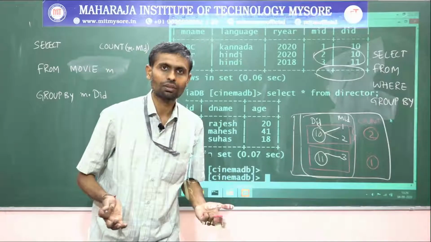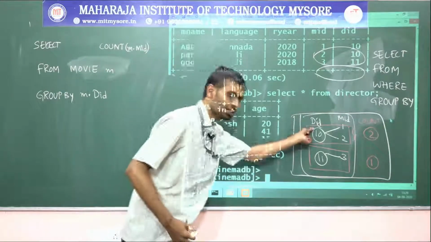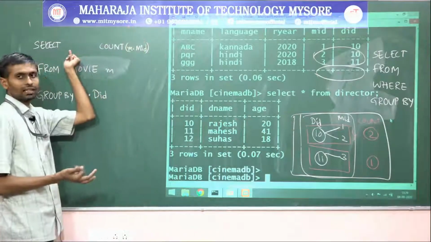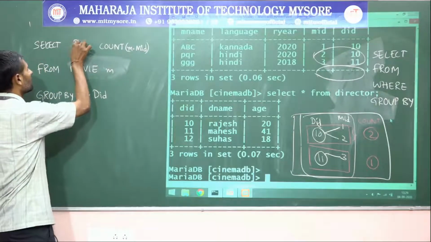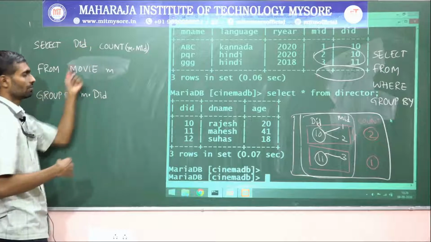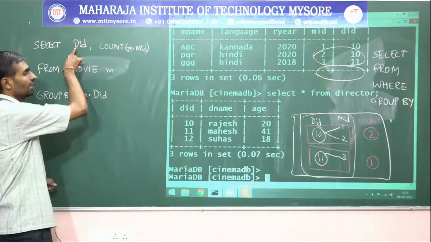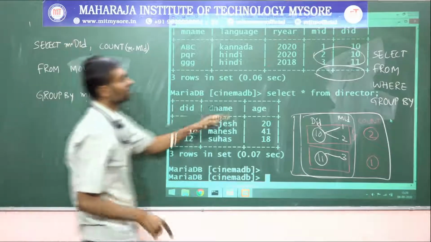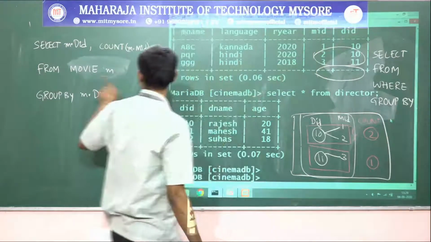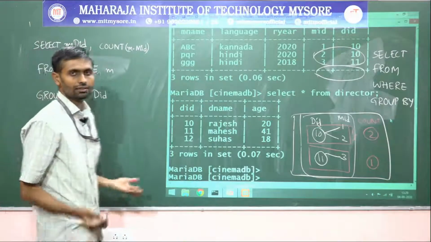So what to do? To display DID, write this DID in the select clause, because the DID I want to display. Let me write the DID, separated by comma, right? Then DID belongs to which table? That is the movie table. M dot DID, right? Movie, M dot DID. That's it, right?